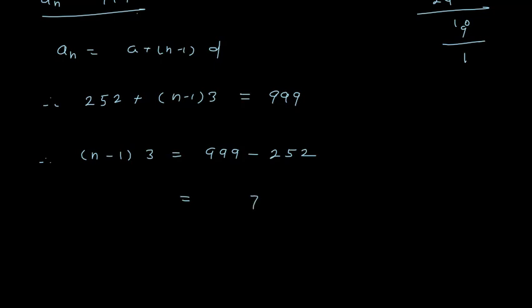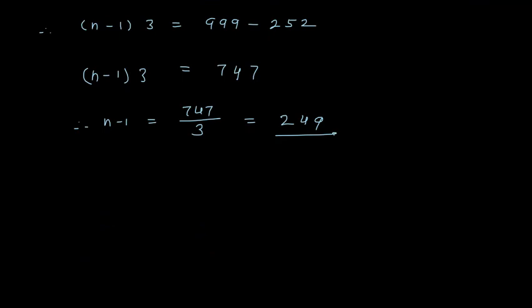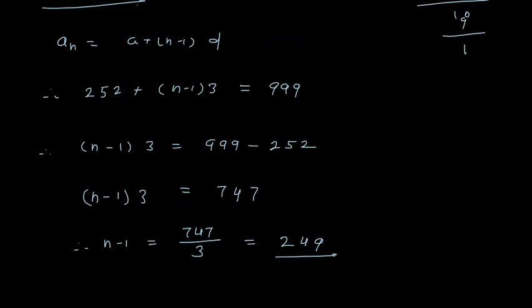So 9 minus 2 is 7, 9 minus 5 is 4 and 9 minus 2 is again 7, 747, this is n minus 1 into 3. So this will give me the value of n minus 1 as 747 divided by 3, which is 249. So n is equal to 249 plus 1 is equal to 250. So the value of n is 250.